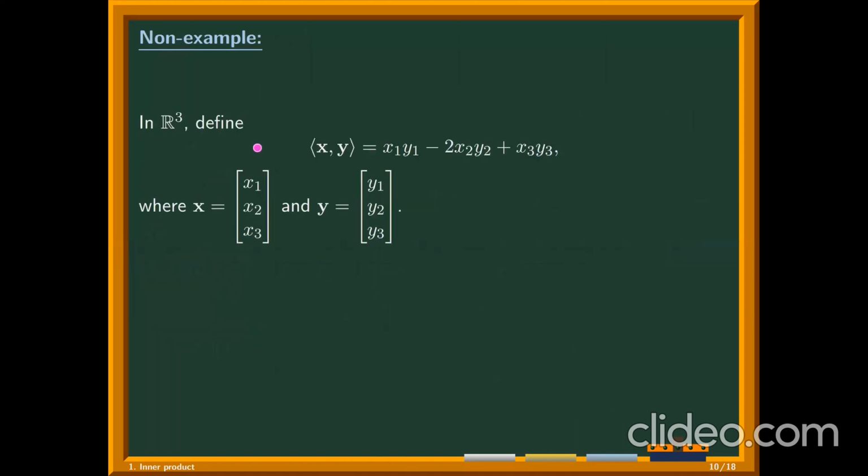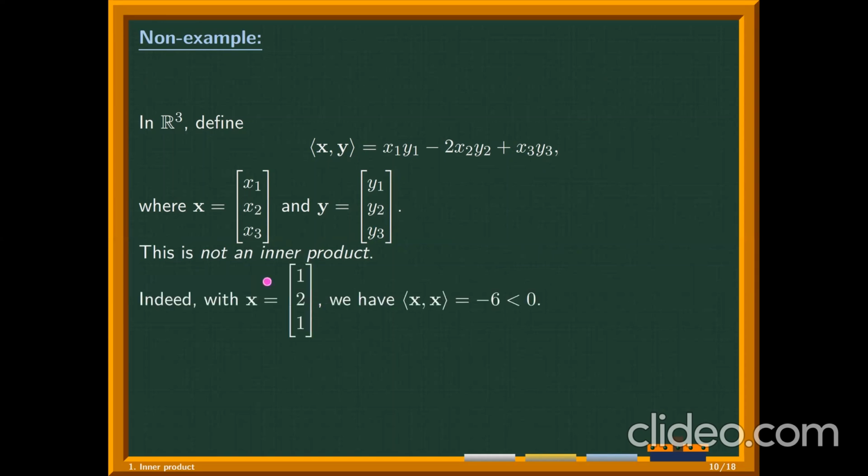So here we give a non-example of an inner product. In R3, let's define the function given by the inner product of x and y equals x1 y1 minus 2 x2 y2 plus x3 y3, if x has components x1, x2, x3, and y has components y1, y2, y3. This is not an inner product because you can check that if we take x equal to the vector 1, 2, 1, then the first condition fails.